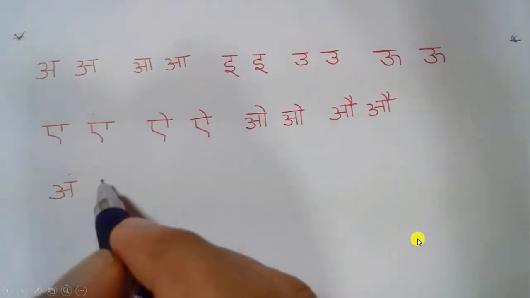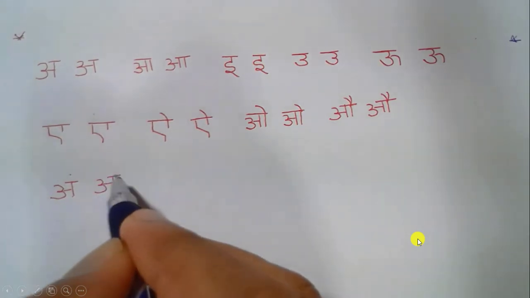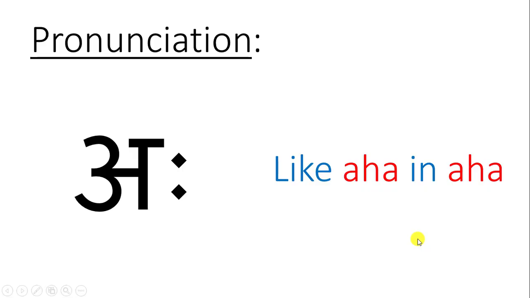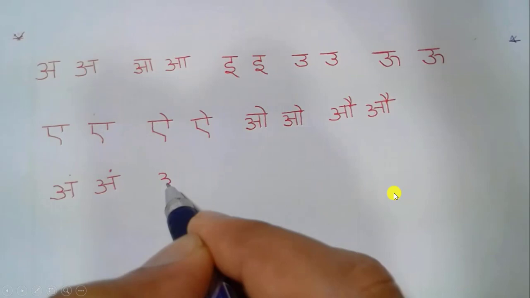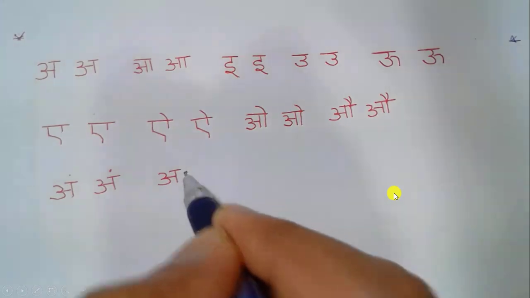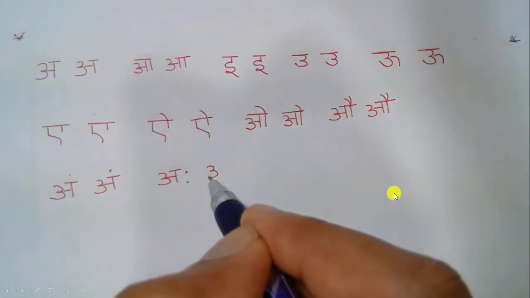There is a small dot on top of the horizontal line. And the last vowel is aha, like the aha moment, right? Aha. And the way you write aha is by writing like this with two dots to the right. All right. Once again.